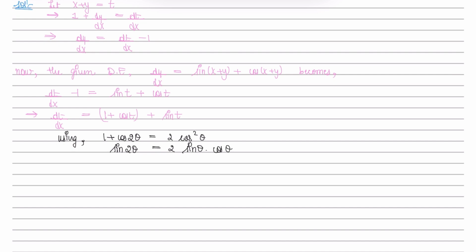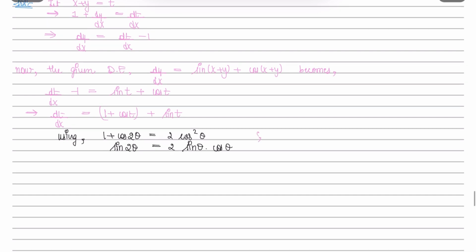Comparing with the given form, we have 1 plus cos t, which becomes 2 times cos square t by 2, and sin t becomes 2 times sin t by 2 into cos t by 2. So, the given differential equation becomes dt by dx is equals to 2 times cos square t by 2 plus 2 times sin t by 2 into cos t by 2.